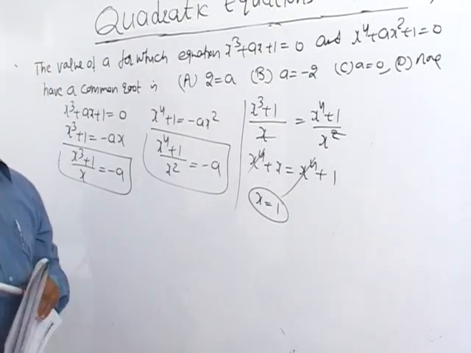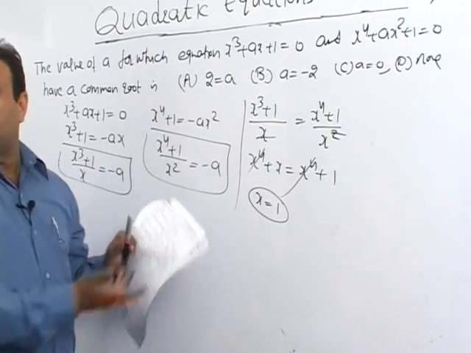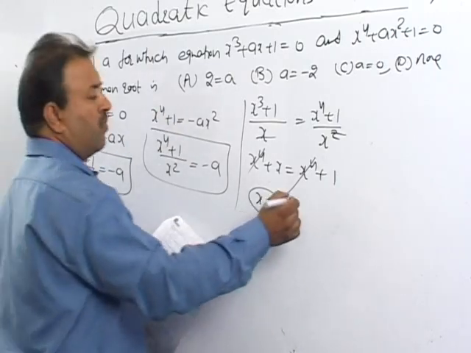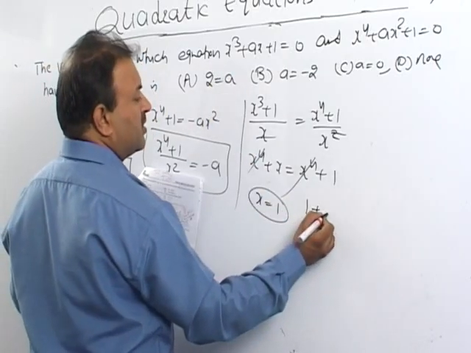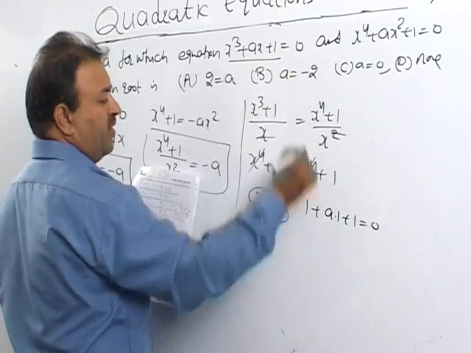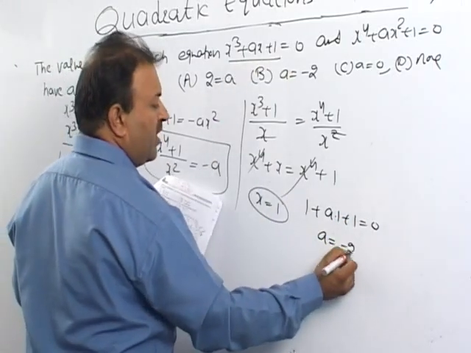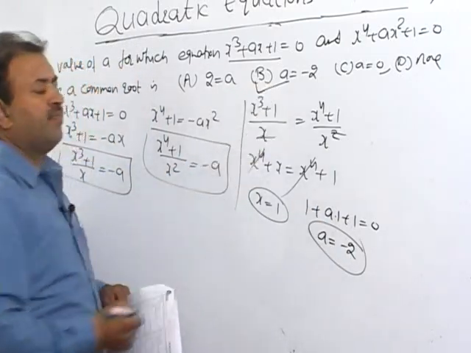So we got one root as x is equal to 1. Now substitute in any one of the equations. Substituting x is equal to 1, we get 1 plus a into 1 plus 1. We are substituting in this equation. We got the value of a as minus 2. So the right option is B.